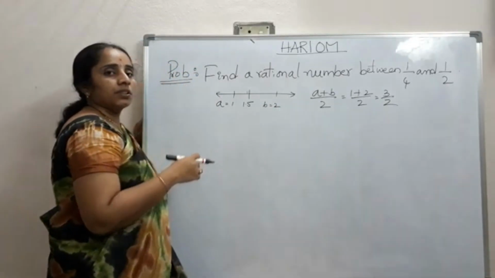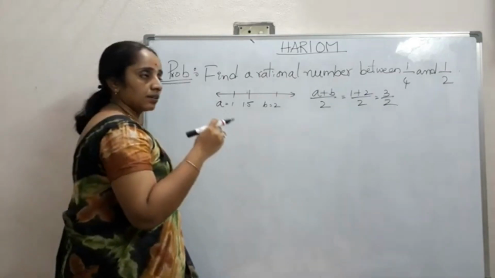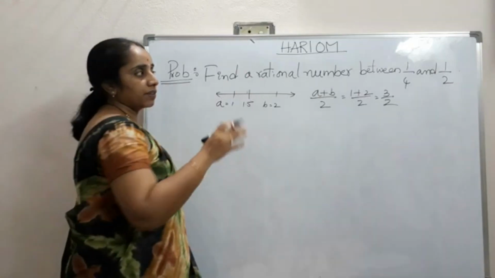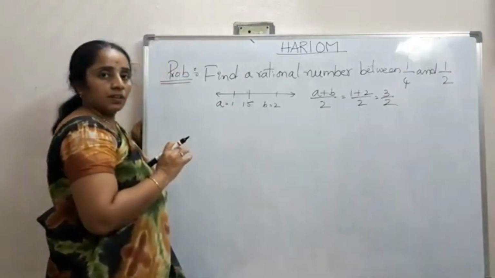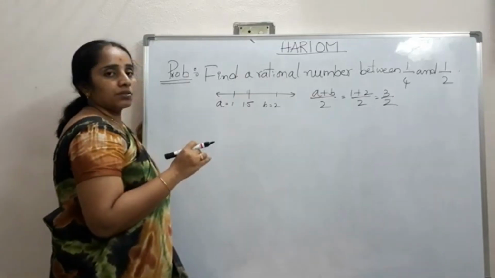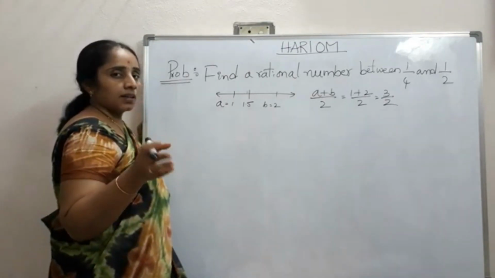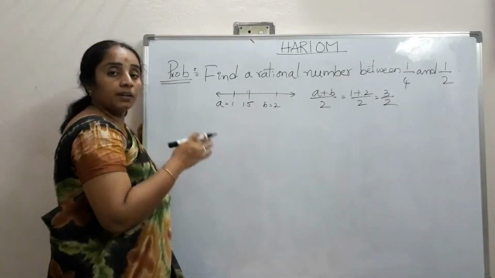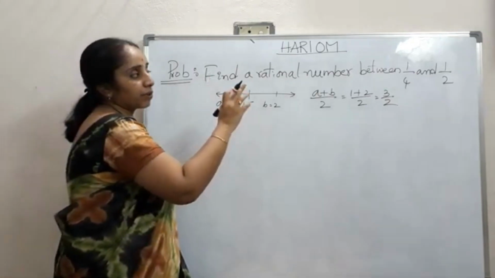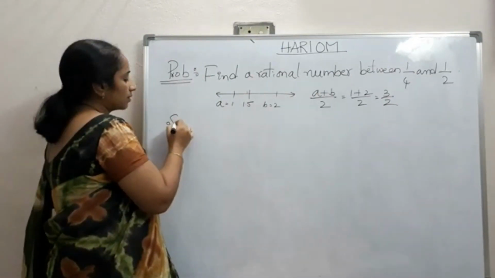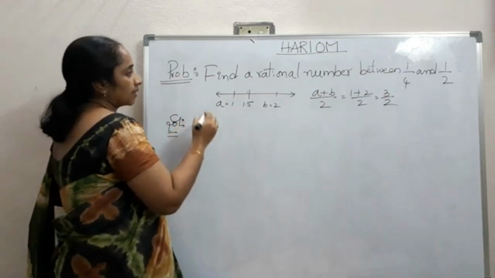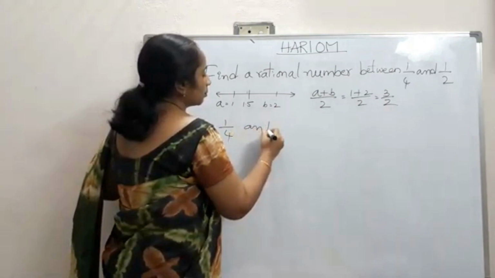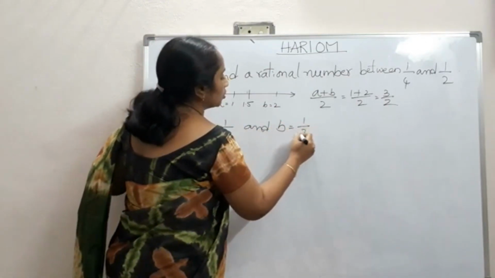If they ask you 10 or 2 or 5, find 5 rational numbers between 1 by 4 and 1 by 2, then we can use the remaining methods. Here in this question they asked you to find a rational number between 1 by 4 and 1 by 2. So consider that A as 1 by 4 and B as 1 by 2.